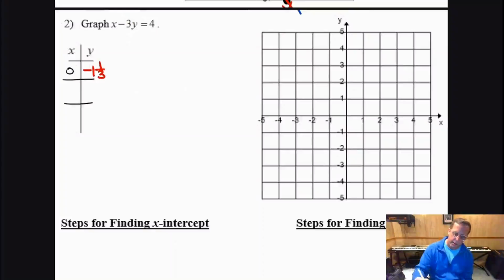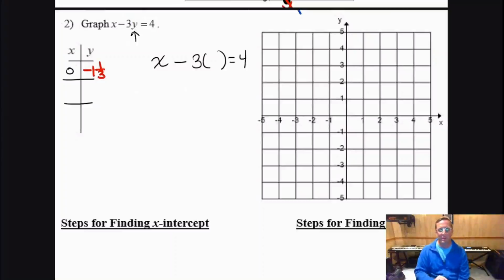And now what I'm going to do this time is use the y as the independent variable. So I'm going to do x minus 3 times what equals 4. And I want to think about this because I want the graph to work. Let's say we make it -2.